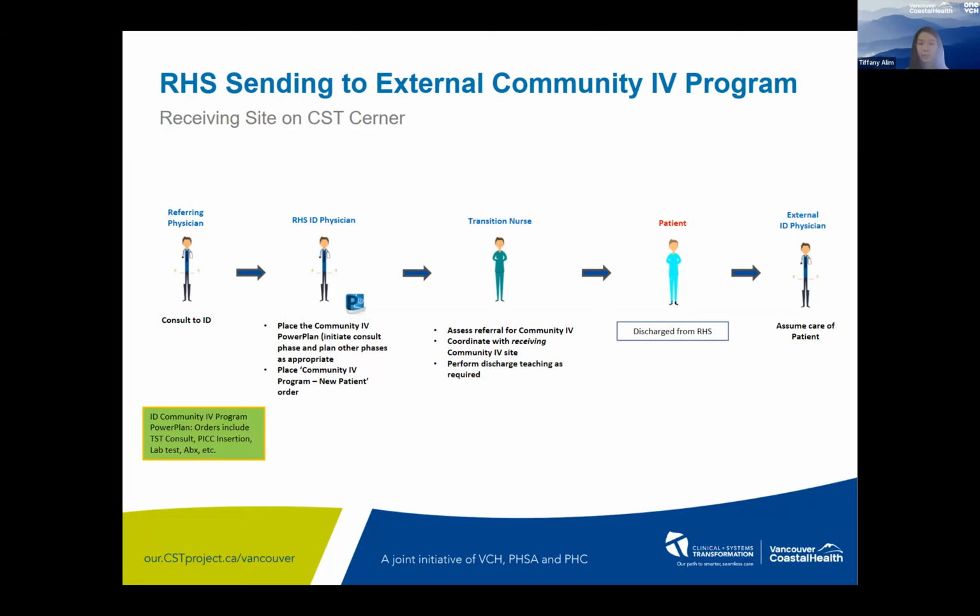In this case, from what we understand, the Richmond pharmacist isn't involved since the patient is in an external program. The patient will just be discharged, and the external site's ID physician and community IV team will assume care of that patient, and they can just refer to the patient's chart in the system to look at the orders.